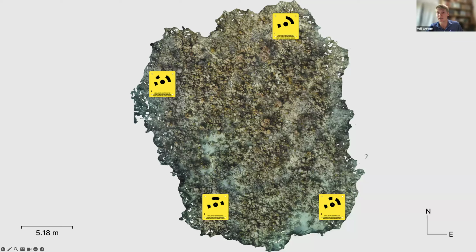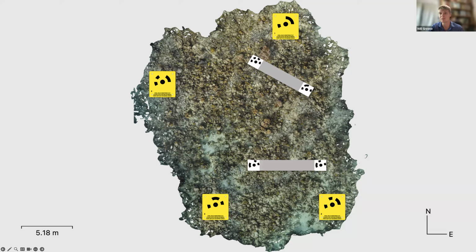Once those markers are installed, you need to measure the depths of them with a dive watch. And that's very simple. It's just holding your wrist or your dive computer up to these markers and recording their depth on a slate. After you've done that, you need to temporarily place scale bars throughout the plot. We recommend using 3 scale bars at a minimum.